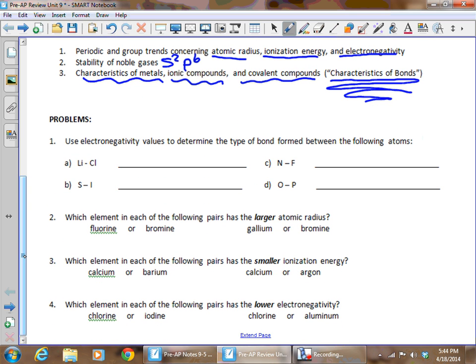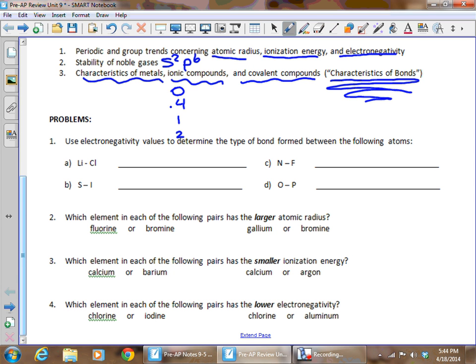Be able to use the electronegativity values to determine the type of bond formed between the following atoms. Yes, you do need to know the scale. If you just remember the numbers 0.4, 1, and 2, you'll be able to remember where the breakoff points are for the type of covalent bond. From 0 to 0.39 is your nonpolar.